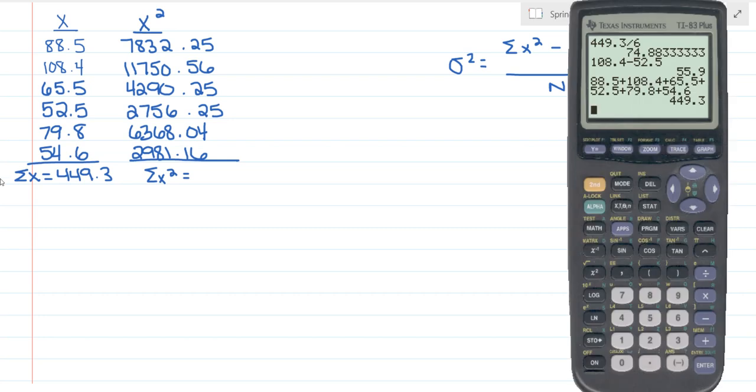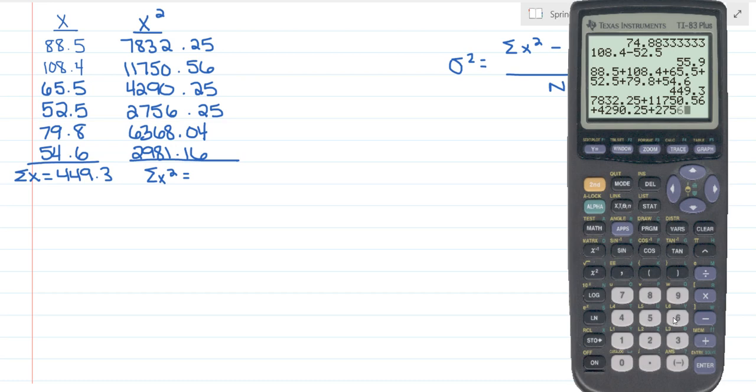So we've got, let's see, 7832.25 plus 11750.56, 4290.25, 2756.25, 6368.04, 2981.16. All right, so there I get 35,978.51.